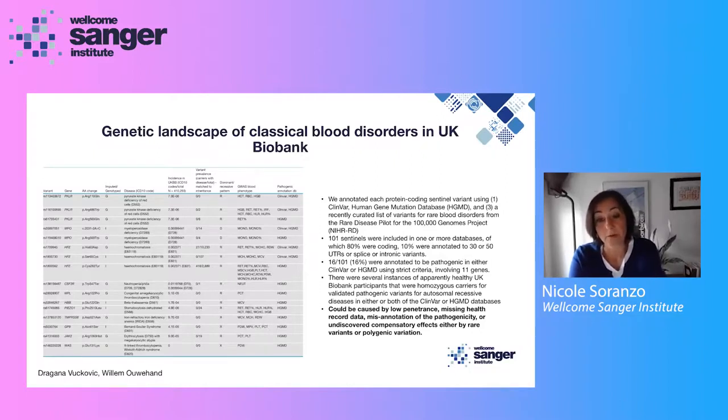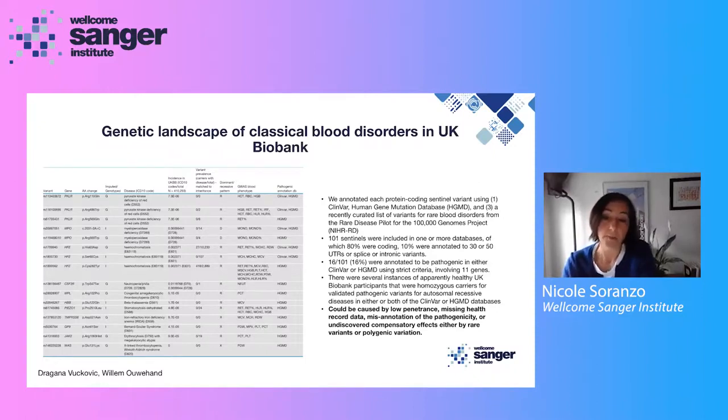So what we found is out of all our sentinel variants, 101 were included in one or more of these databases, of which 80% were coding. And 16 out of 101 were annotated to be pathogenic in either database using very strict criteria. And those involved 11 different genes.